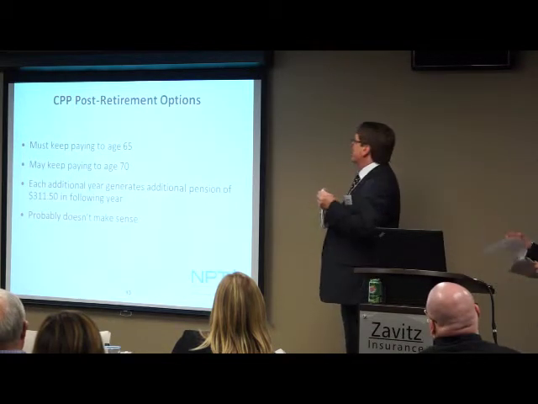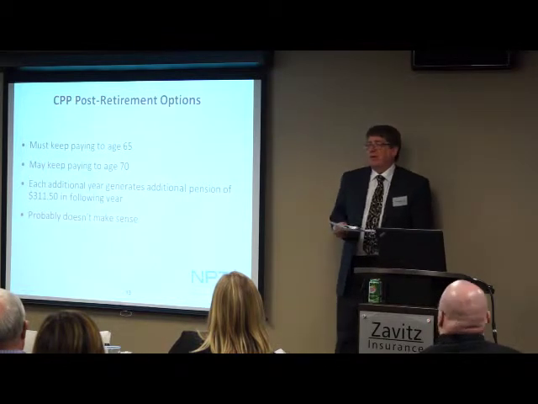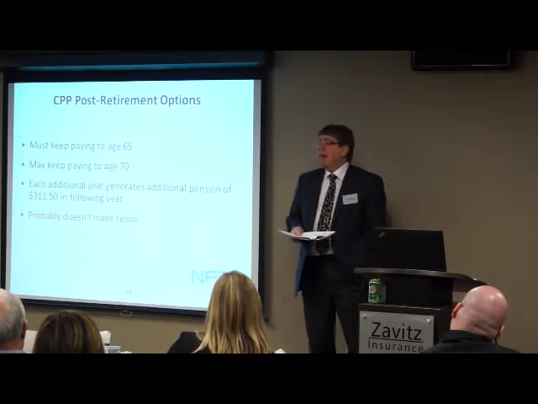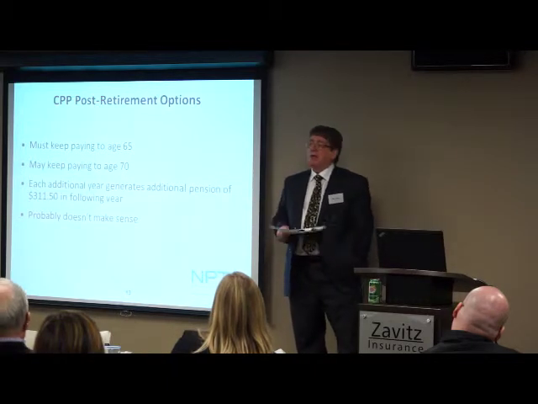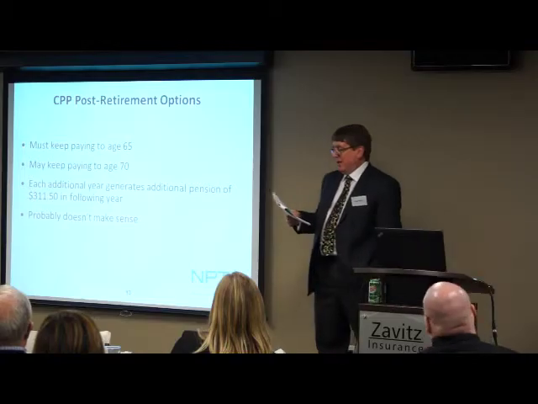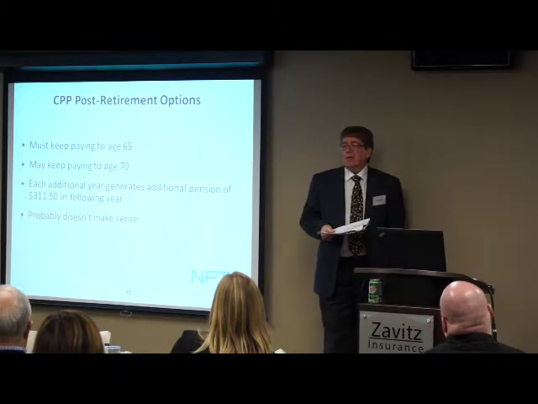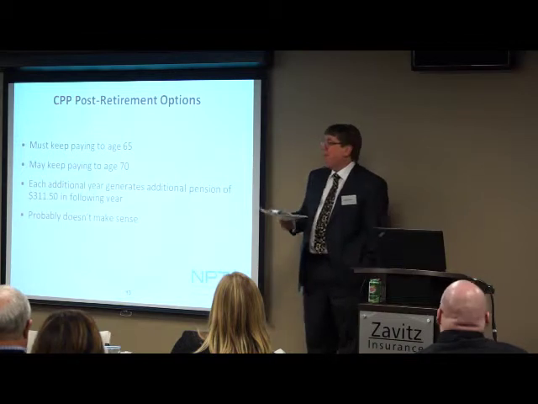Some of the new changes last year had to do with post-retirement options. So the first point here is that you have to keep on contributing to CPP all the way up to age 65. No choice. Even if you've already so-called retired and you've started to collect it, you got to keep paying anyway. After that age, you optionally can keep on paying it.